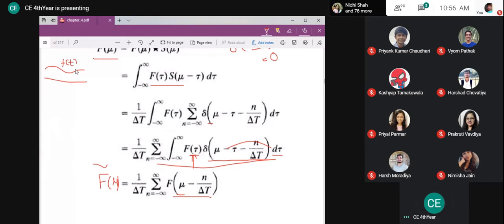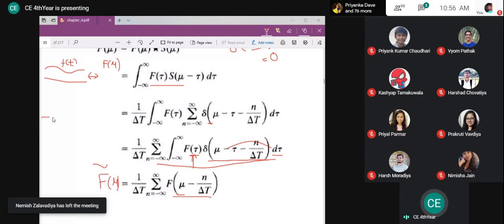What was its frequency domain representation? This frequency domain representation was F of mu. If I consider F of mu, not F bar, that was the frequency domain representation of my continuous function.